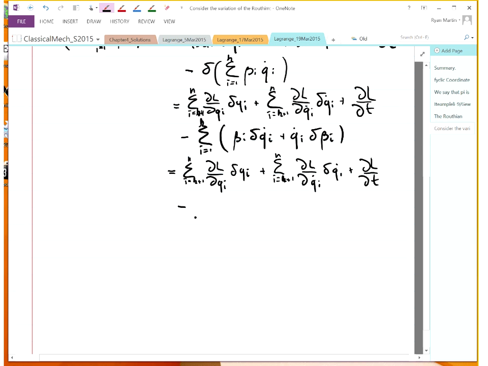Then I have minus the sum from i equals 1 to k. Now what I'm going to do is write the beta i, remember, is the same as dL by dqi dot, delta qi. That's the definition of beta i, it was dL by dqi dot.